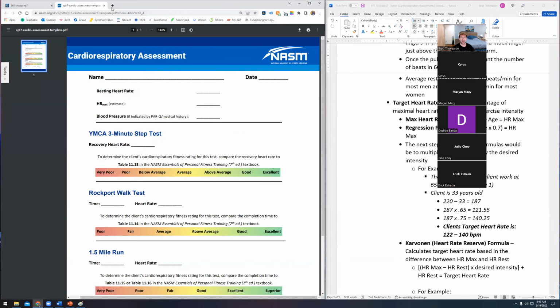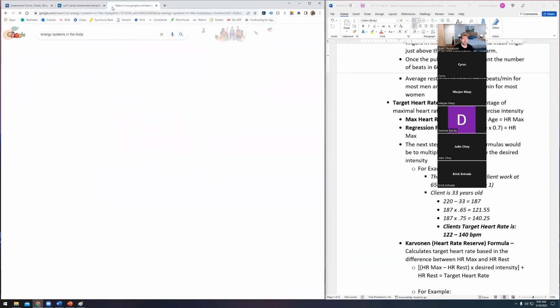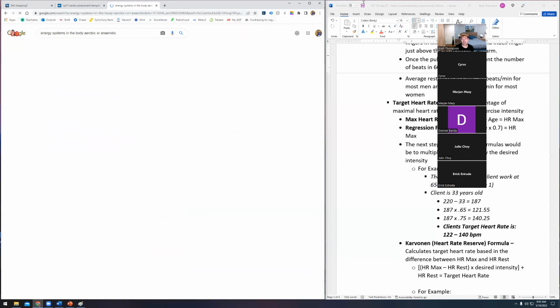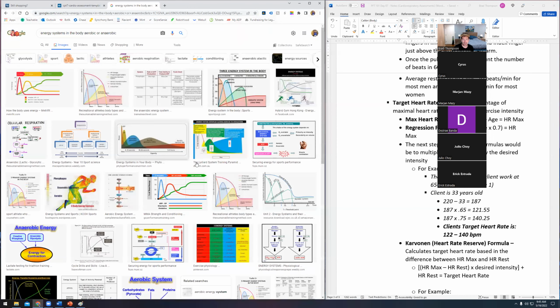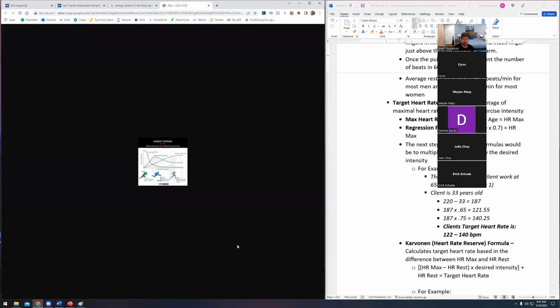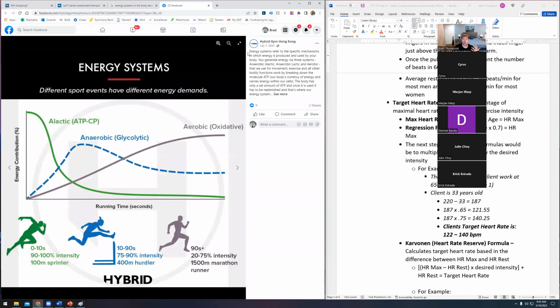If we look at a very simple comparison, we look at the difference between what we call an anaerobic system versus an aerobic system. Aerobic systems are very good for long endurance-based cardio, and anaerobic systems are very good for short duration sprinting.